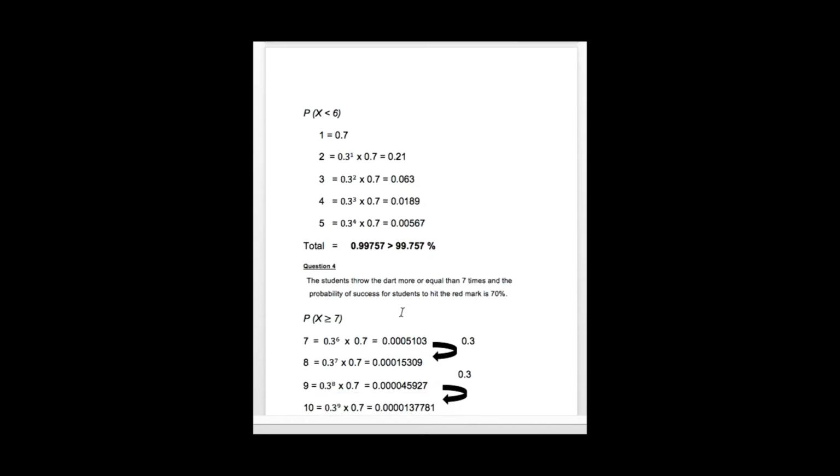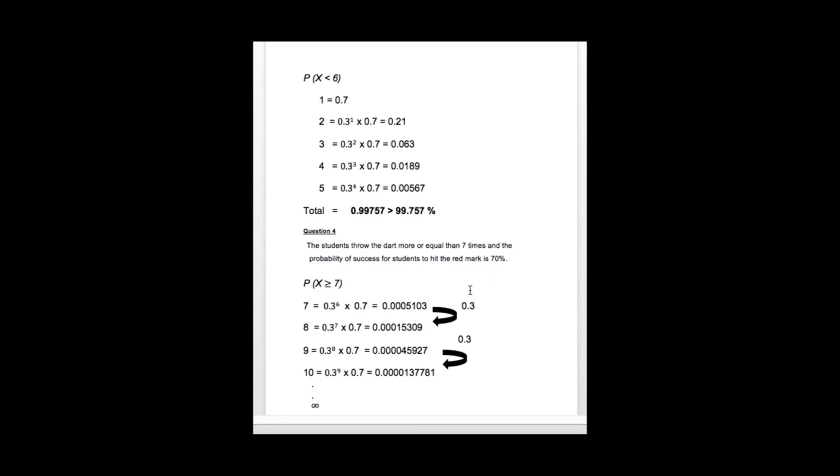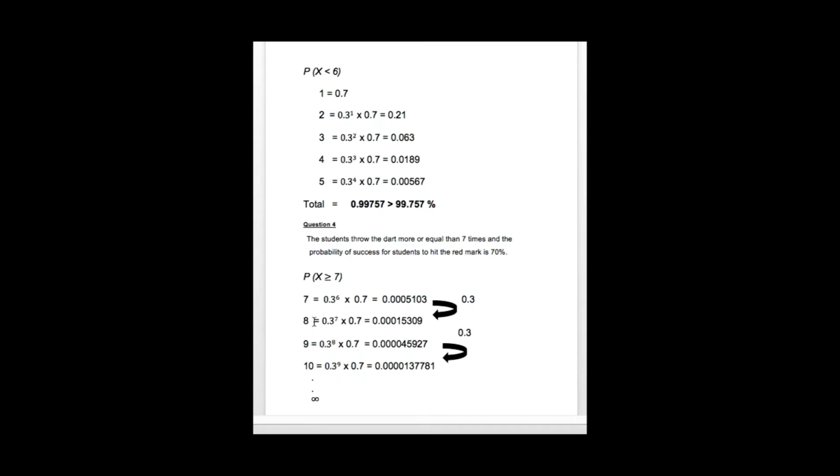Then question 4: the student throws the dart more than or equal to 7 times and the probability of success for the student to hit the red mark is 70%. We must search the answer for 7 and above. We cannot take infinity, so we just take 4 terms starting from 7, which is 7, 8, 9, 10.